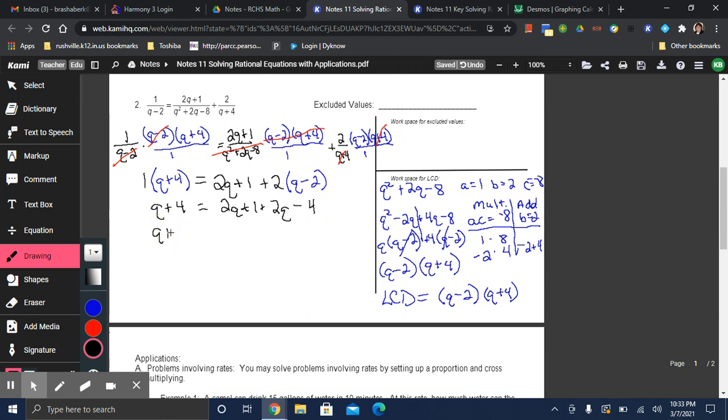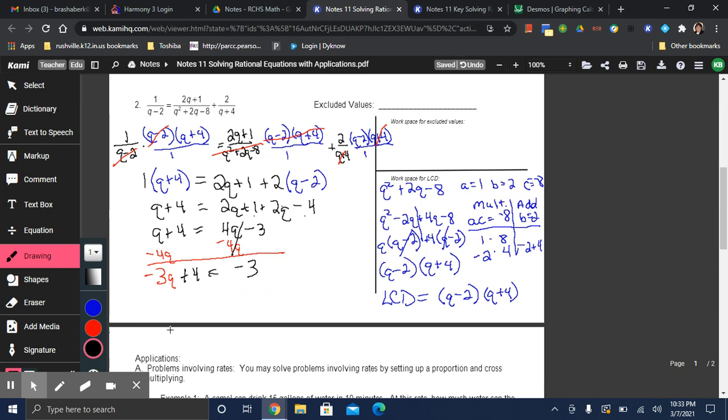So on the right-hand side of equals, 2q and 2q is 4q. 1 and negative 4 adds up to negative 3. We can subtract 4q from both sides of equals. That's negative 3q plus 4 equals negative 3.